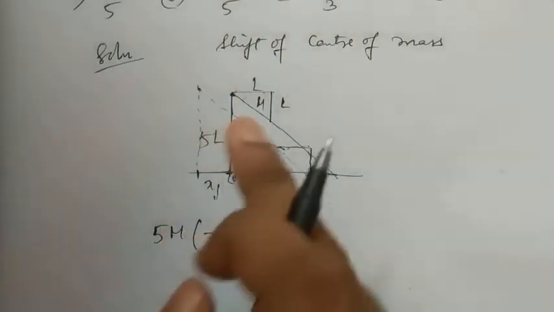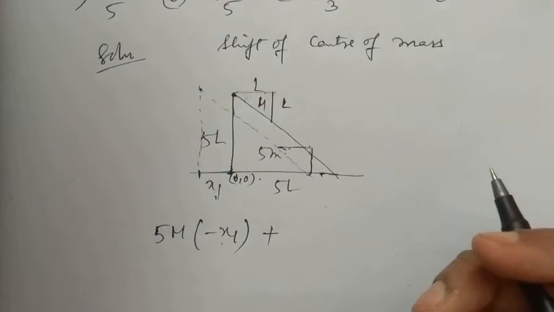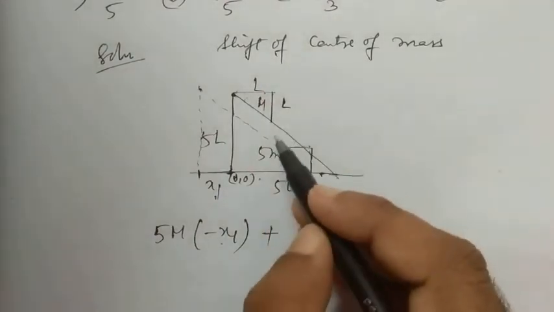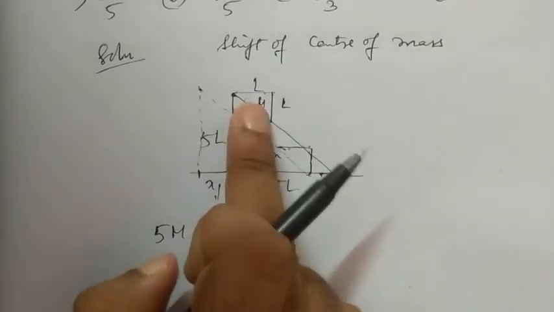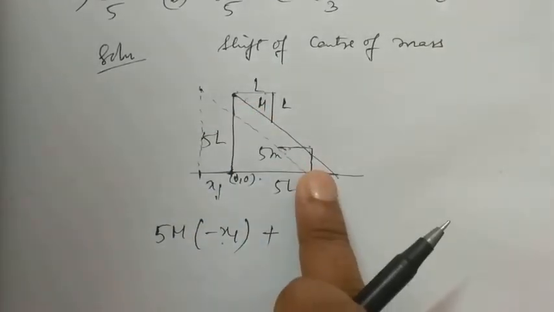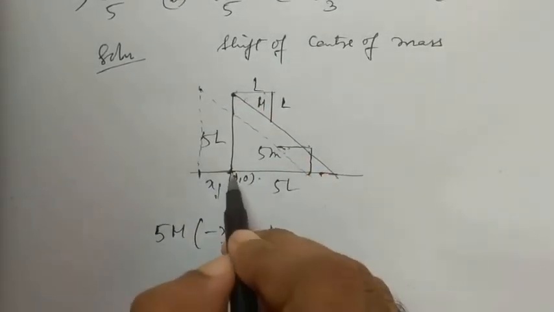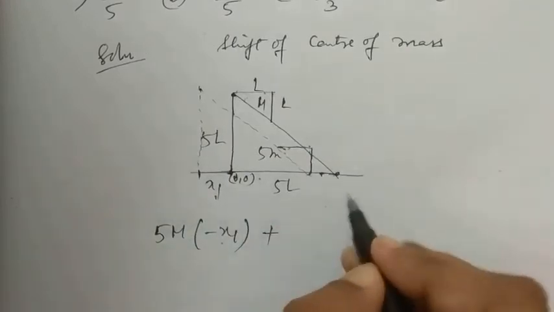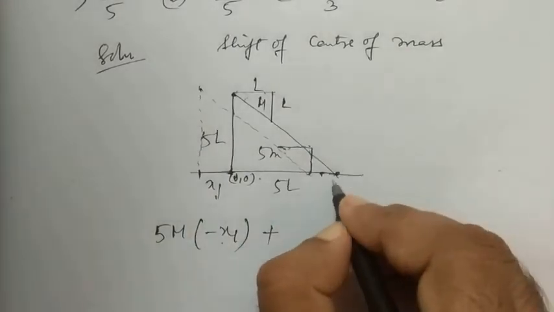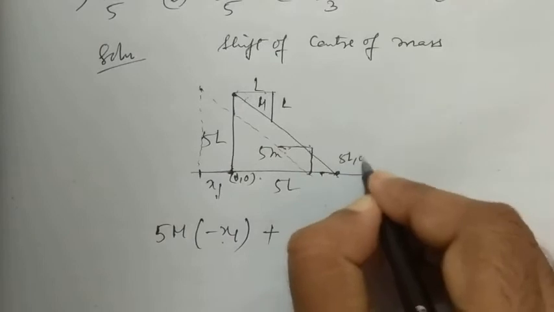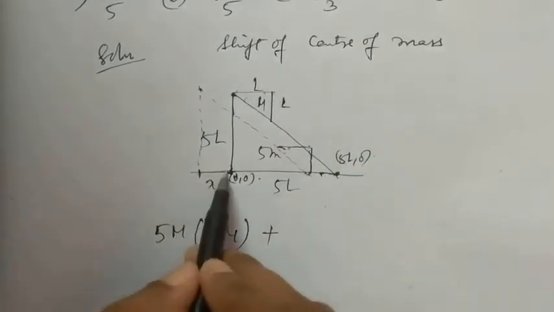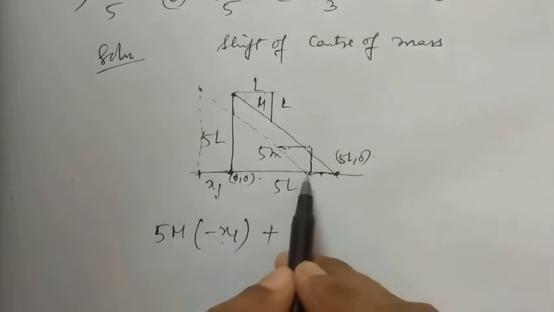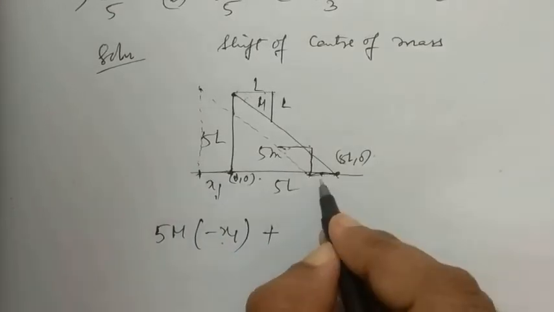Now the shift of the smaller prism will require a little bit of geometry. This was the initial position, this is the final position. So if this is 0, 0, this position was, suppose, 5L, so 5L, 0. Now the new position, if this shifts by distance x1, we can mark it as x1.